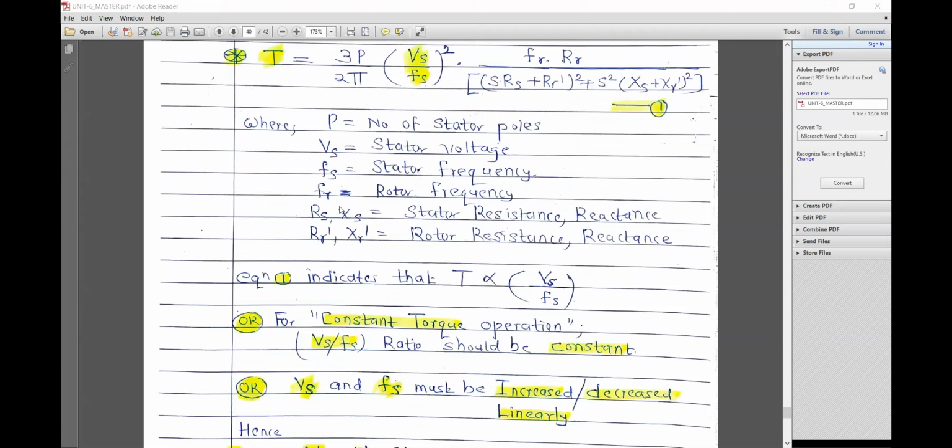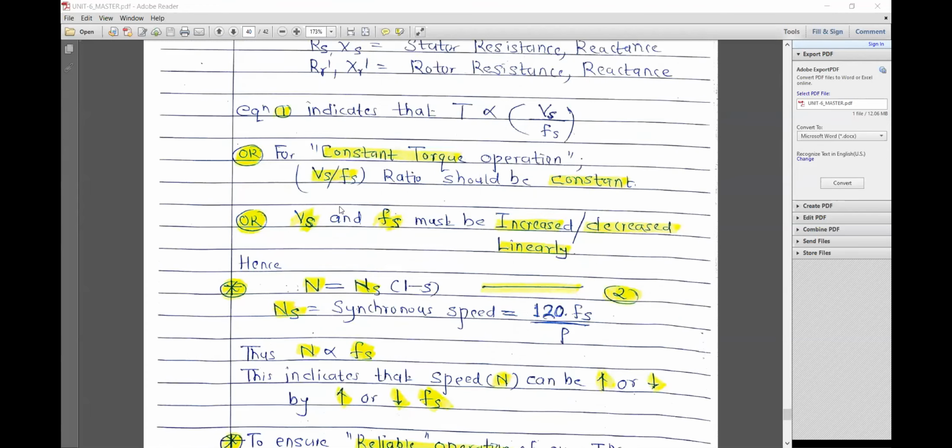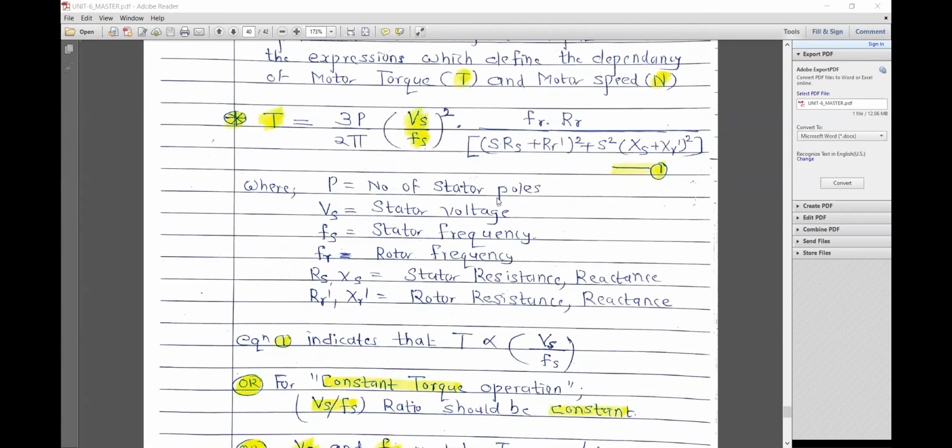Now, the induction motor is an AC motor. It needs an AC input. So as such, we can use an AC voltage controller for our operation, right? If you want to vary the torque of the induction motor, I will change Vs RMS by varying the firing angle in the AC voltage controller. But please remember that the AC voltage controller gives you variable RMS output, but the frequency remains constant.